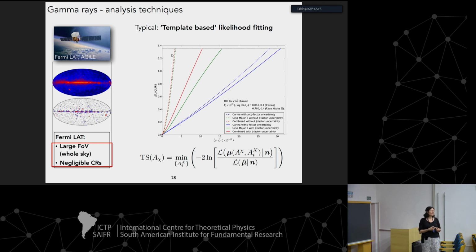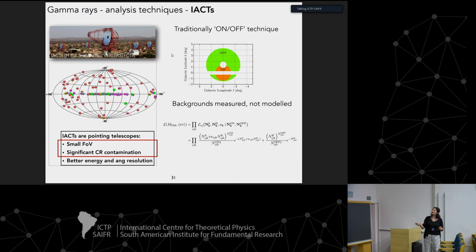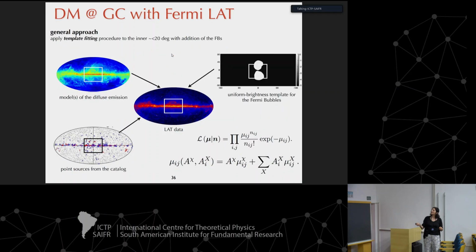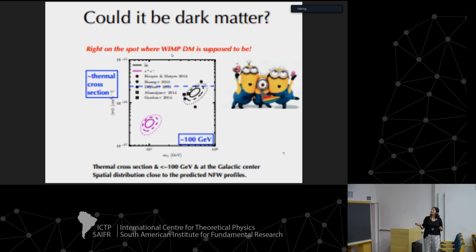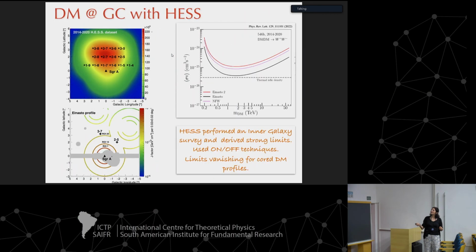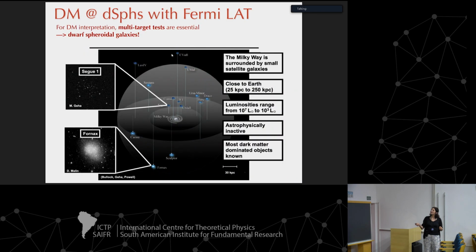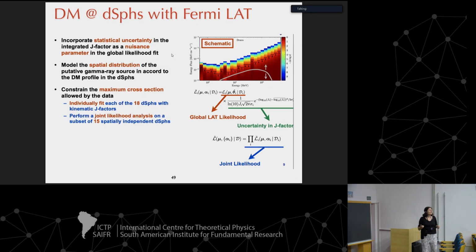Further questions? Can you go to the slide where you show the uncertainty in the J factor? Uncertainty in the J, for the dwarf analysis. Yes. Here, this one?